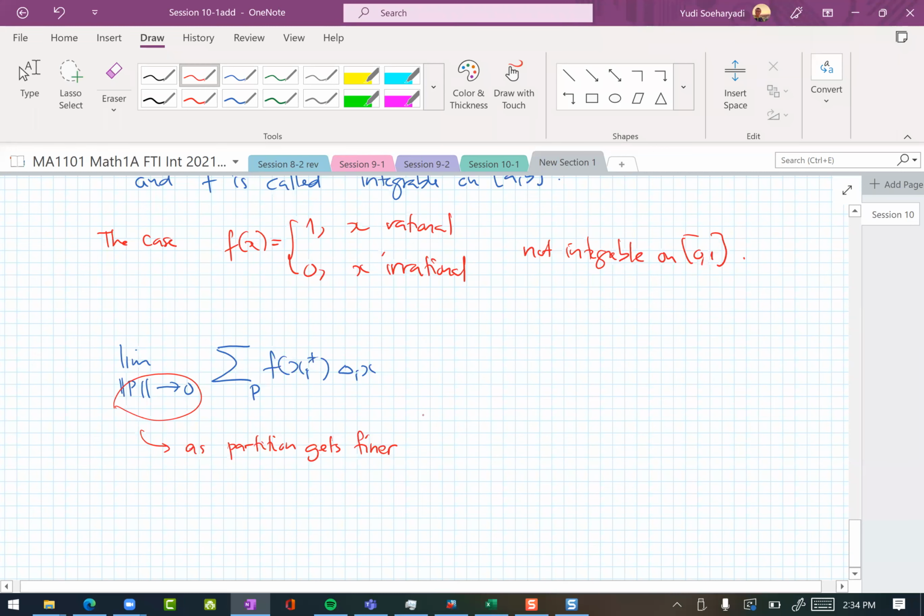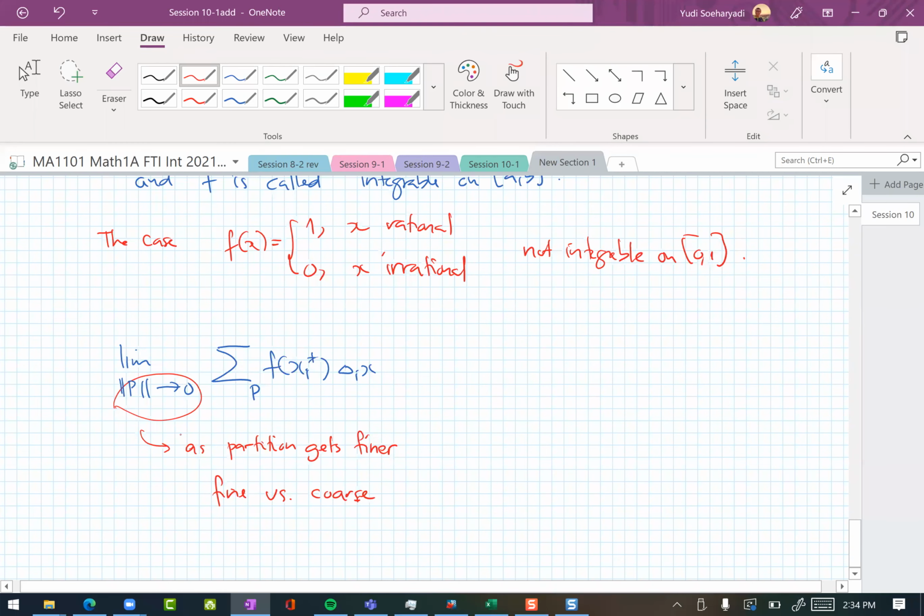Fine versus coarse. If you grind coffee, then you grind it coarse or fine.